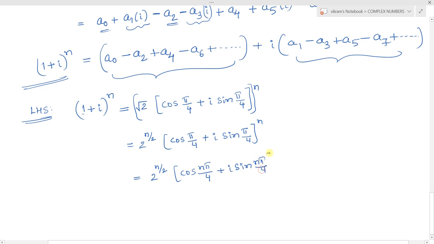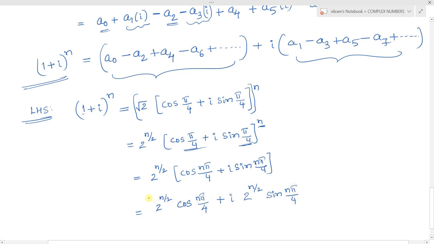What is De Moivre's theorem? Cos theta plus I sin theta whole power n equals cos n theta plus I sin n theta. Now if we write the real and imaginary parts, the real part is 2 power n by 2 into cos n pi by 4, plus iota times 2 power n by 2 into sine n pi by 4.